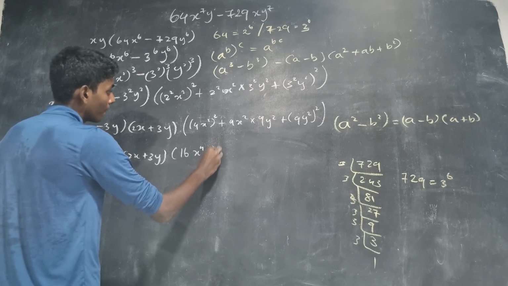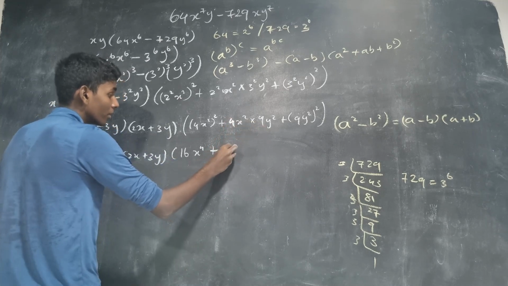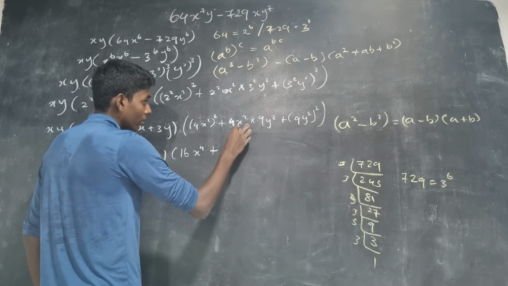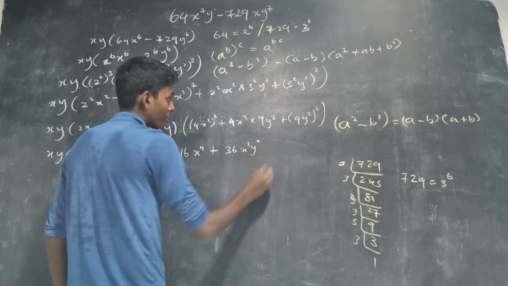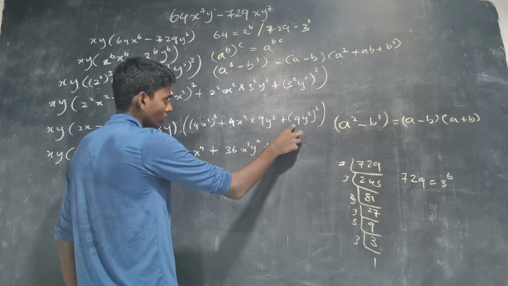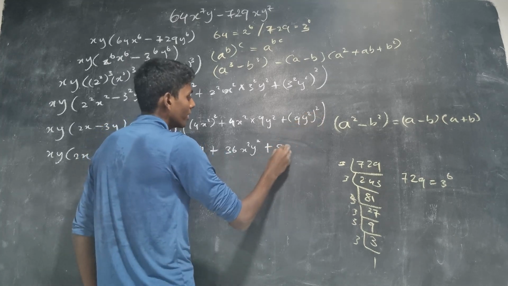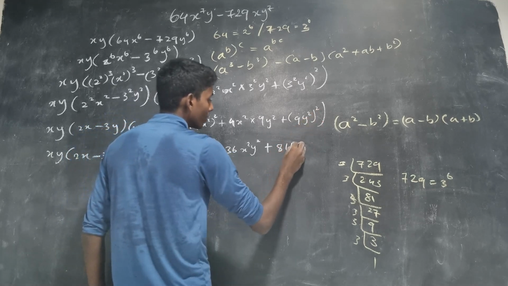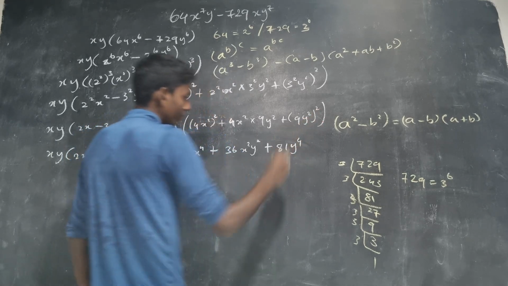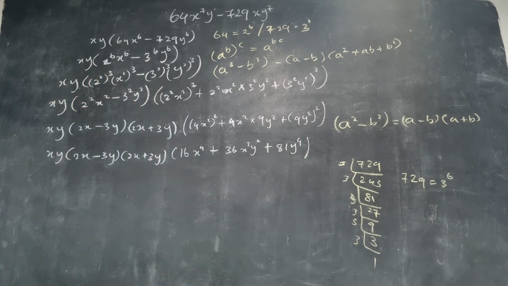And 4 multiplied by 9 is 36, and x to the power of 2, y to the power of 2, plus 9 to the power of 2 means 81, and y to the power of 2 to the power of 2 is y to the power of 4. So that's it. This is the answer.